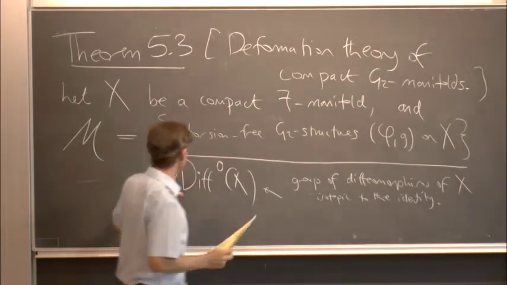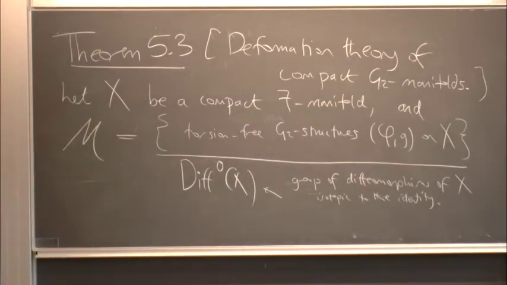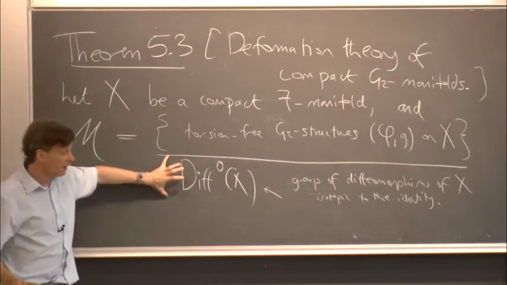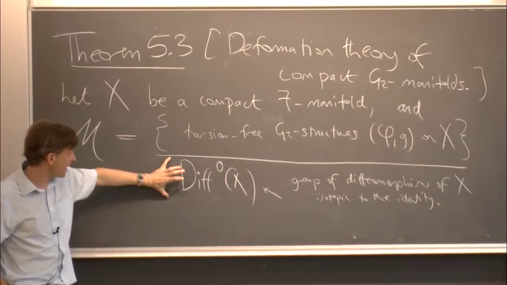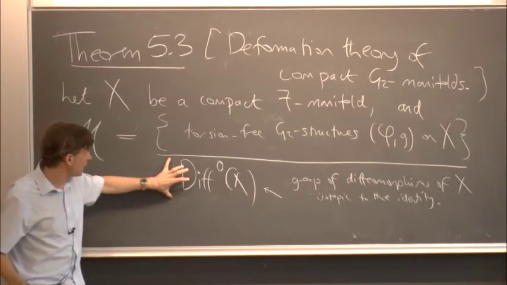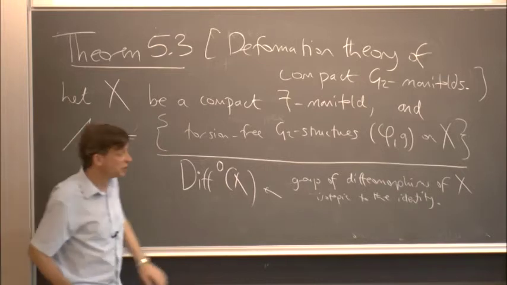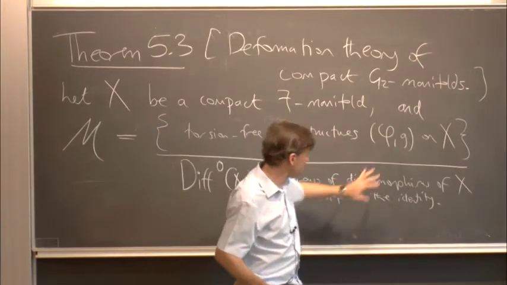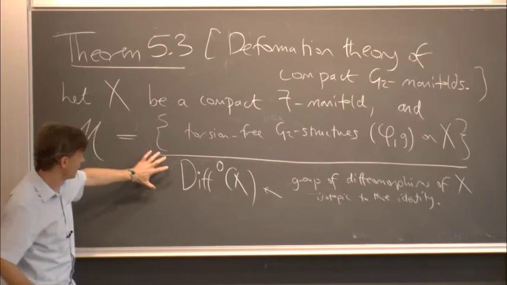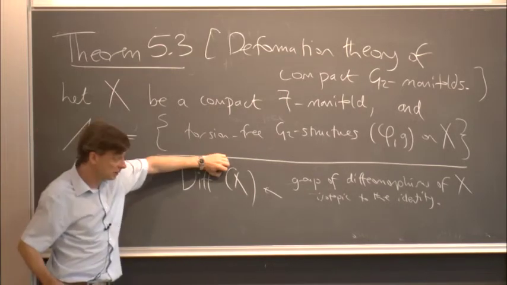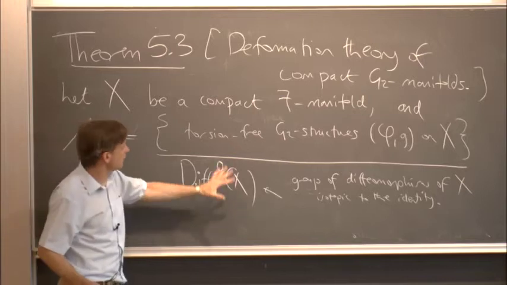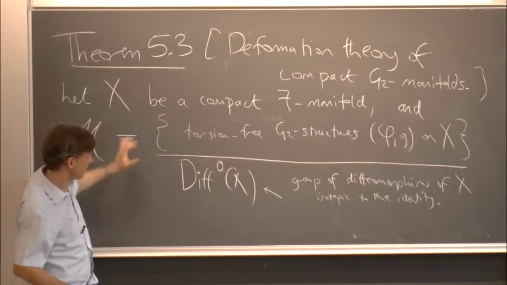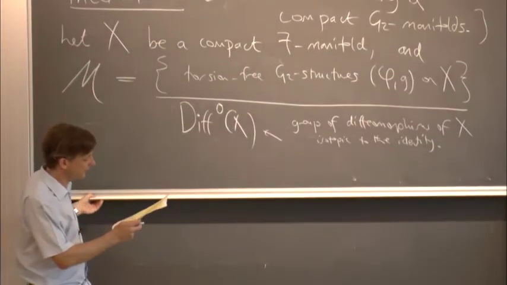So basically the identity component of the group of diffeomorphisms of X. In particular, this group acts trivially upon the cohomology of X. So the cohomology classes of phi and so on still make sense here, whereas if we divided by the full diffeomorphism group, that might act non-trivially on the homology group, and so points in M would no longer have well-defined cohomology classes of their three-forms.